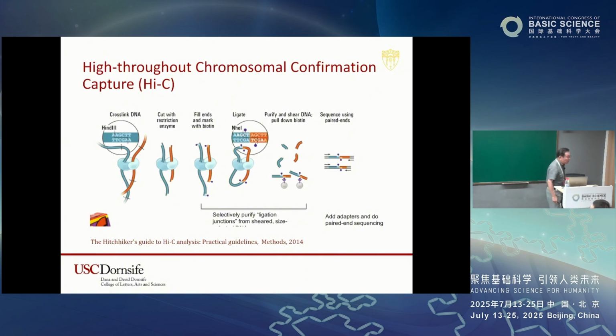How do we do that experimentally? Hi-C is one method that can be used to see whether they are from the same cell or not. And what's the idea for those experiments? Actually, it's not new. It had been used in single organisms like human and Drosophila.